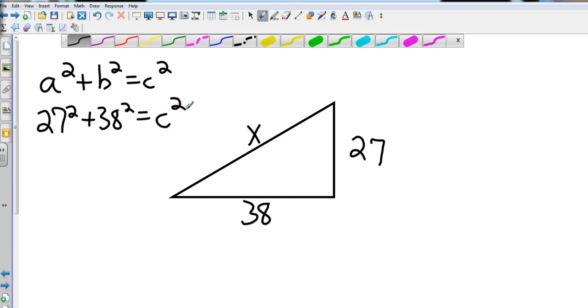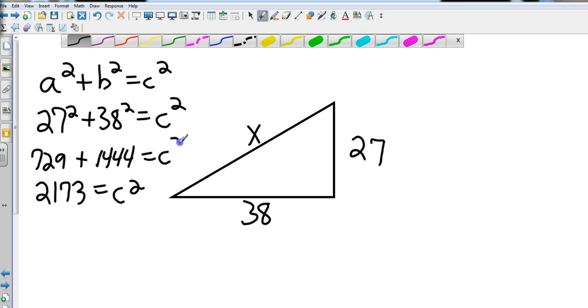Let me get my calculator over here. 27 squared gives me 729. 38 squared gives me 1,444. I'm going to add that to the 729, and it gives me 2,173 equals c squared.